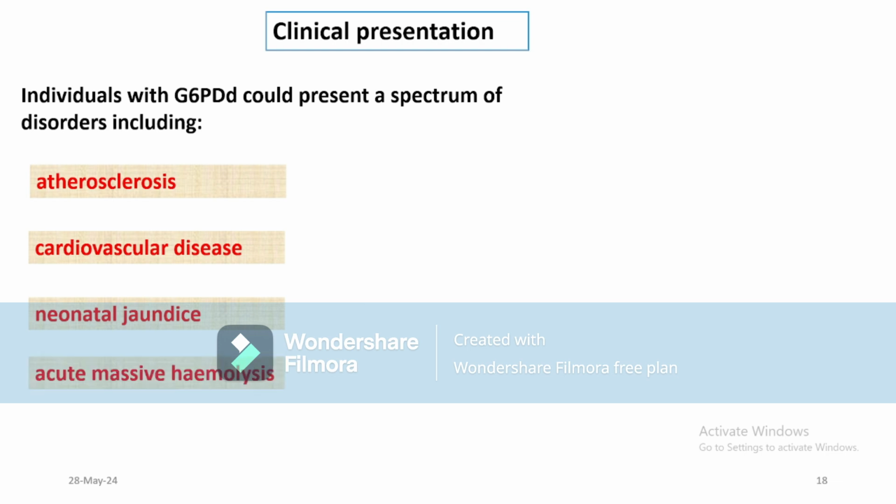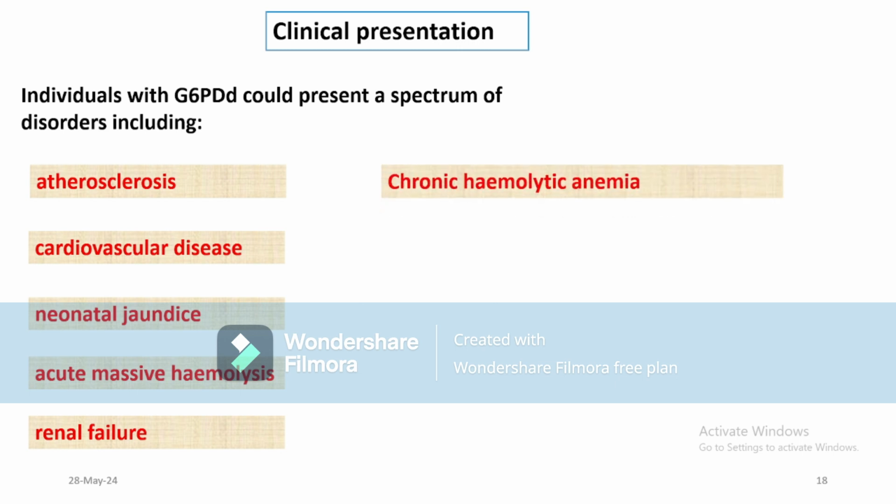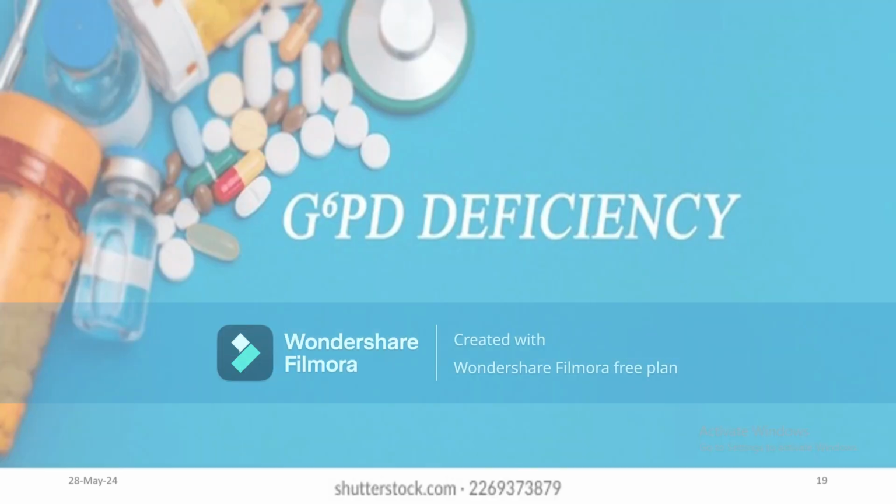G6PD deficiency also leads to acute massive hemolysis. Renal failure, kidney failure, is one of the common things associated with G6PD deficiency because of poor perfusion to the kidneys. And of course, if you don't take care, it can lead to chronic hemolytic anemia.